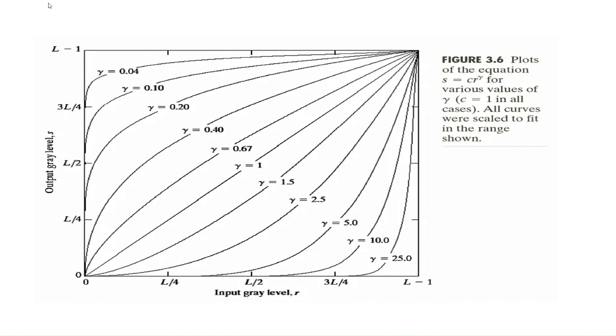These are the values we are using for gamma: gamma equals 0.4, 0.10, 0.20, 0.40. On the horizontal x axis we are giving the input gray levels, and on the y axis we are giving the output gray level.